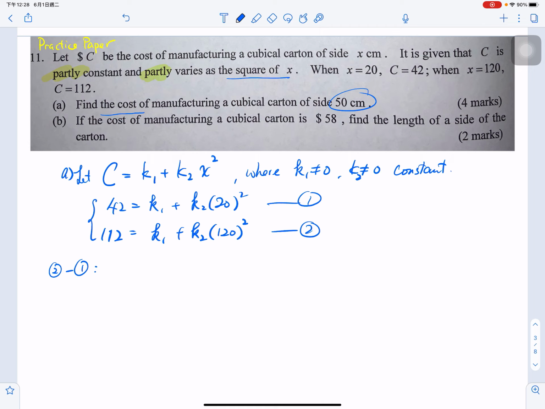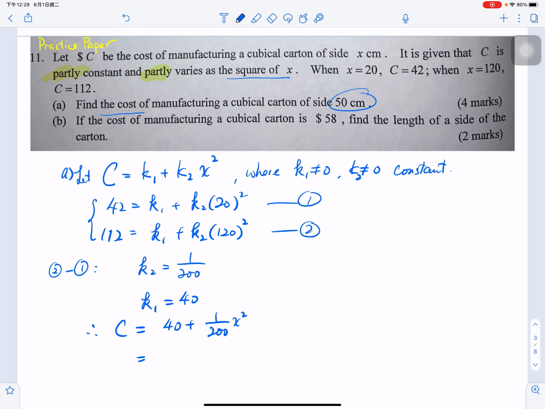So you see that K2 equals 1/200. And after you find K2, you'll find that K1 equals 40.